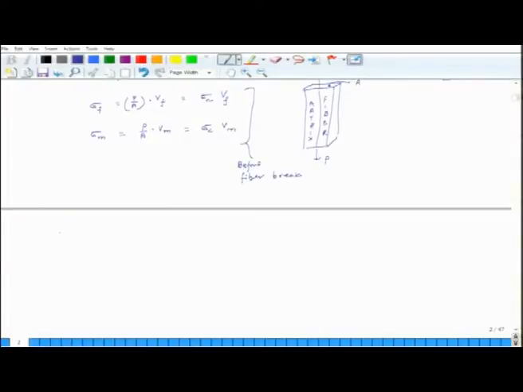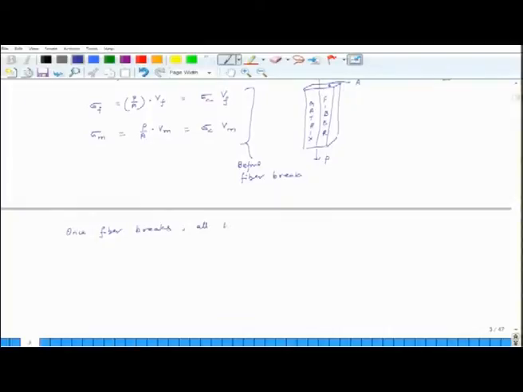At the point, once fiber breaks, what happens? Once fiber breaks, all the load is being shared by matrix only. All the load is shared by the matrix.